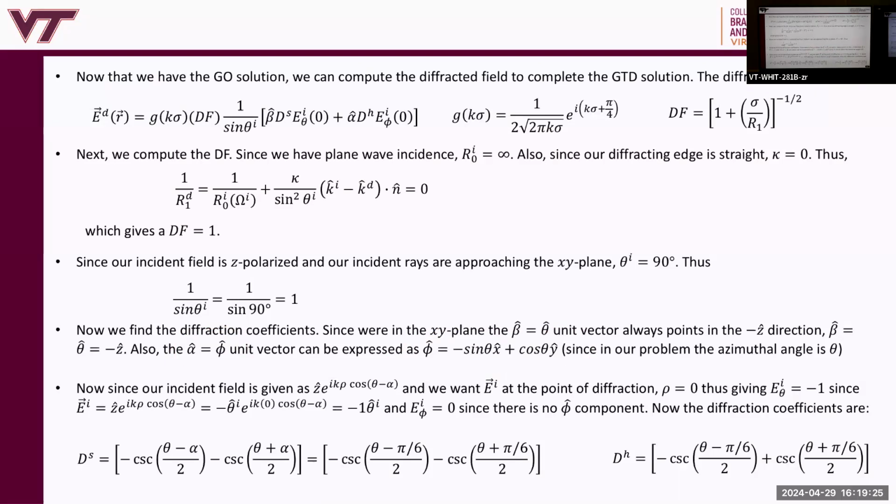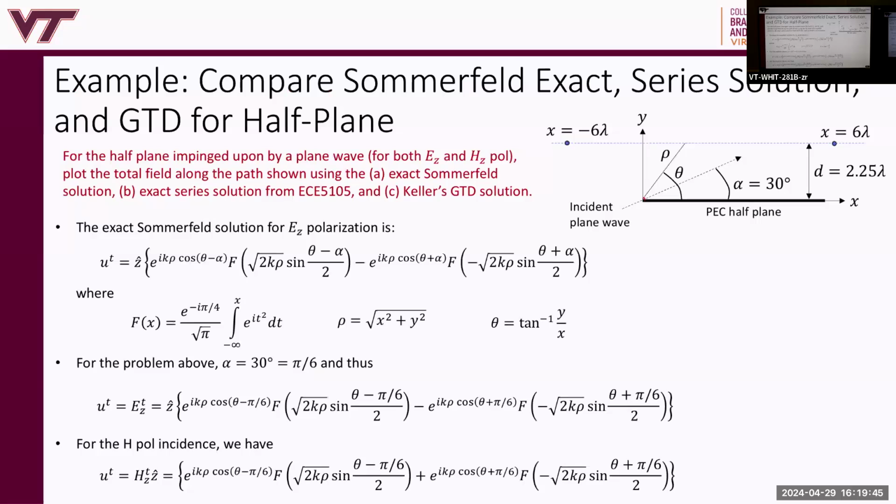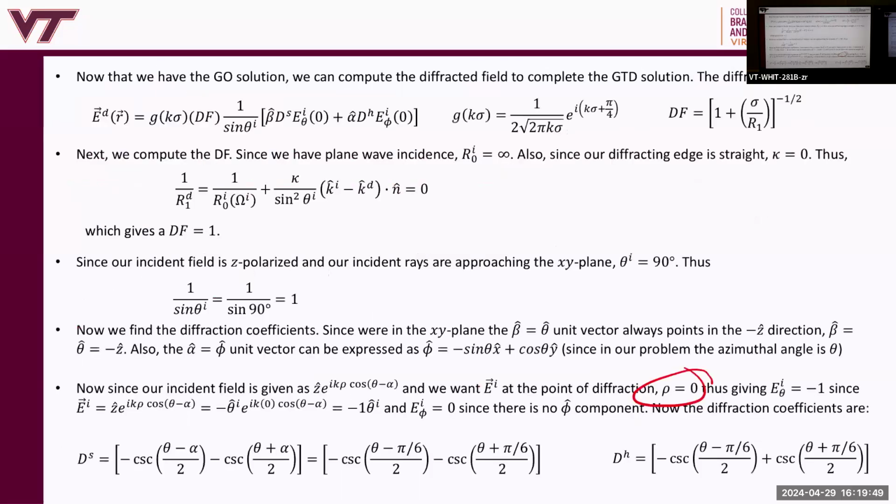Now, since our incident field is given by this expression here, let's work on the incident field. We want to express the incident field at the point of diffraction, which is rho equals 0.